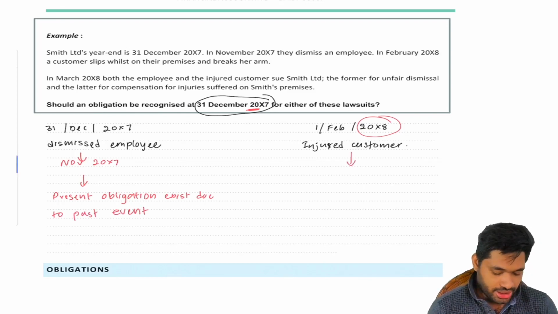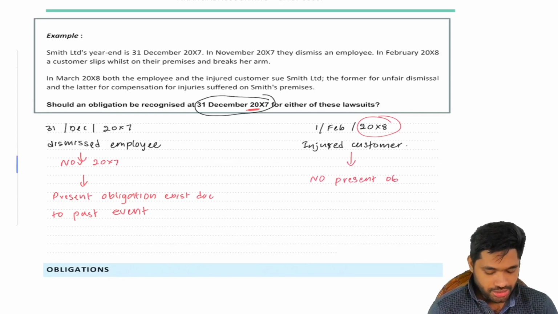But however here no present obligation as at 31st December 2007 since the event has not occurred.